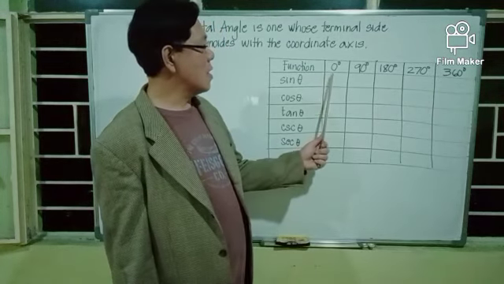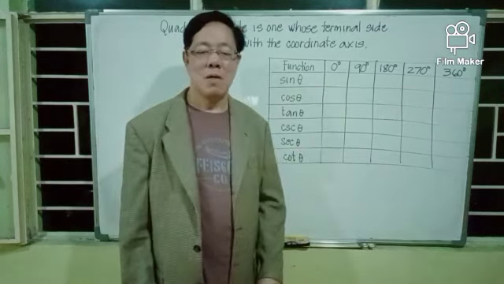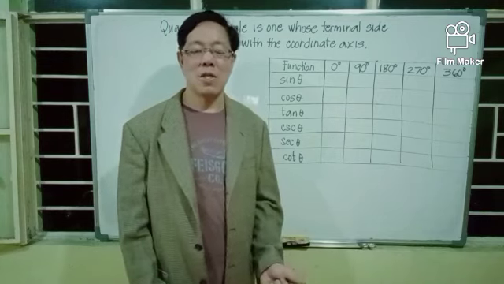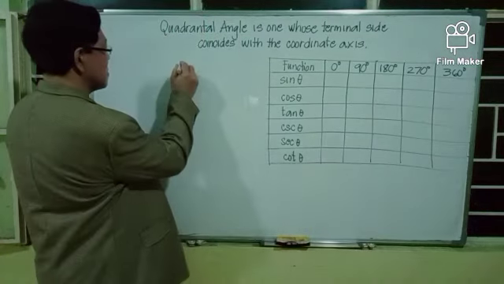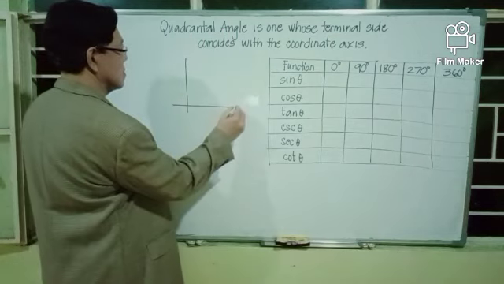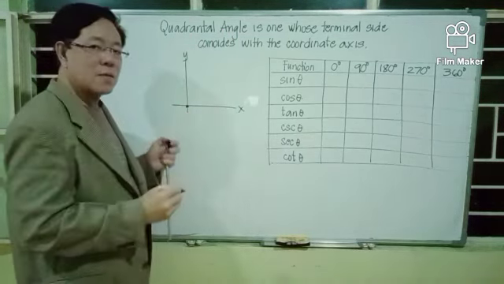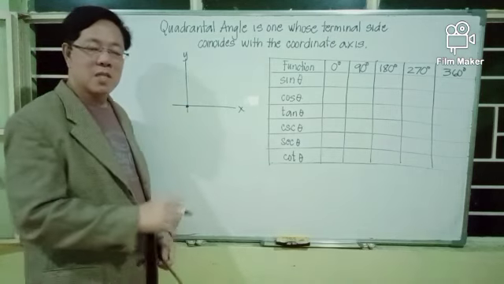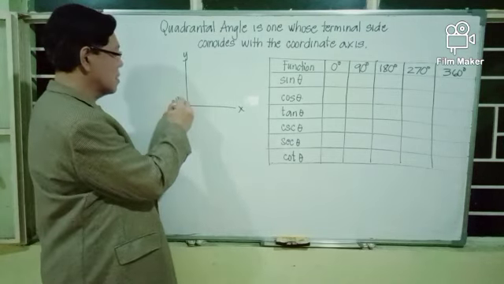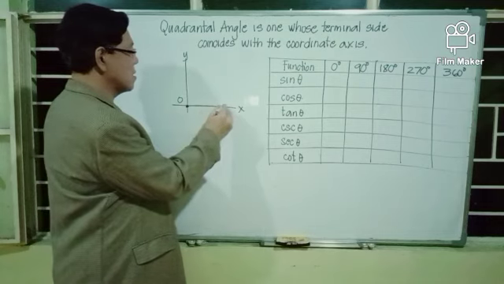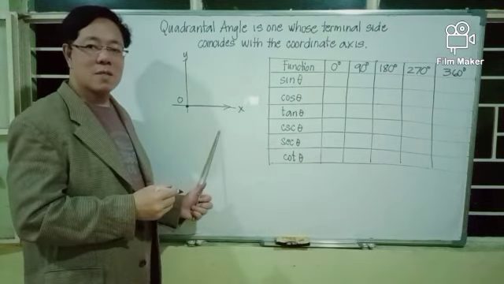If you construct 0 degrees in standard position, its vertex will be at the origin, and its terminal side is at the positive x-axis.